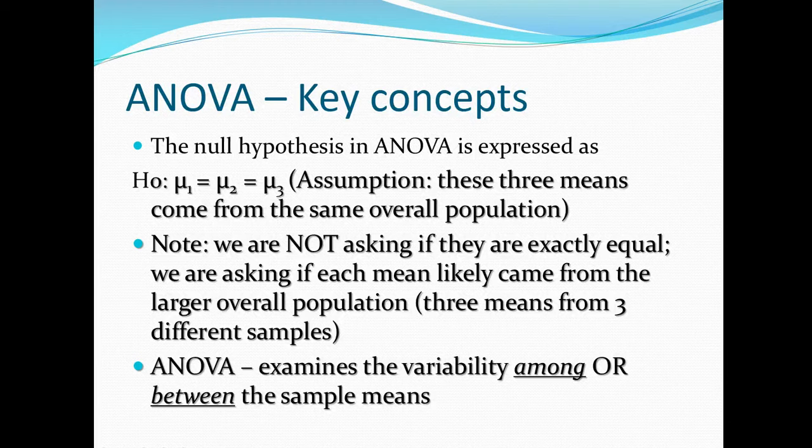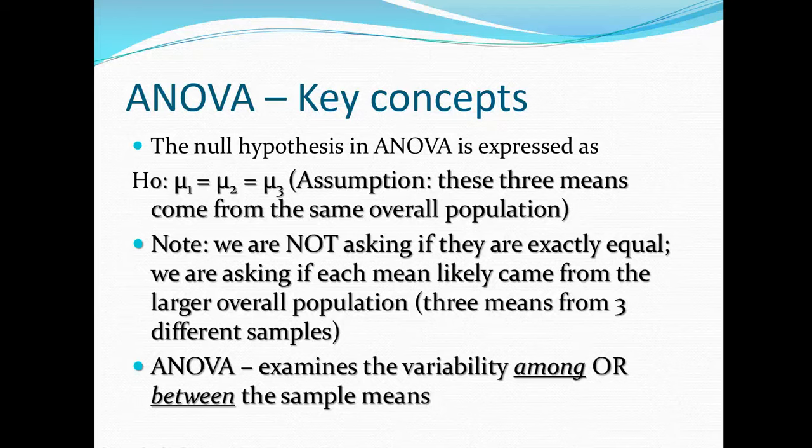Please note that in ANOVA we are not asking whether they are exactly equal. That's a misconception. In ANOVA we are actually asking if each mean likely came from the larger overall population.